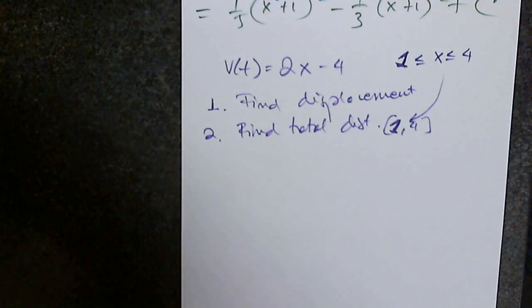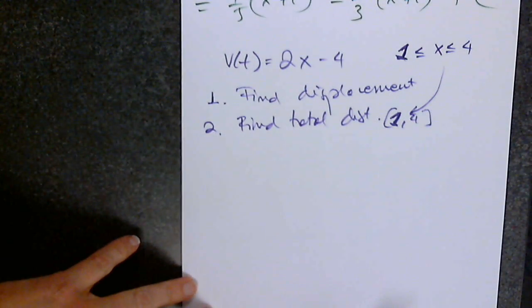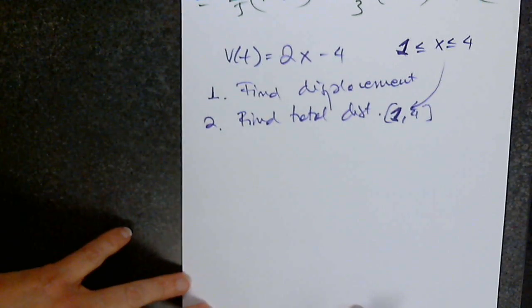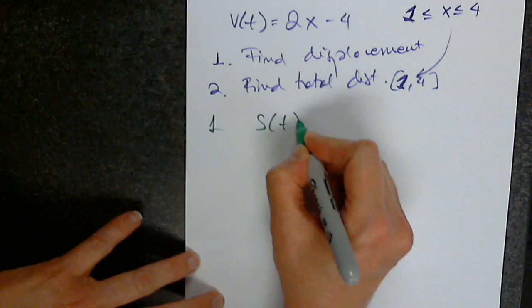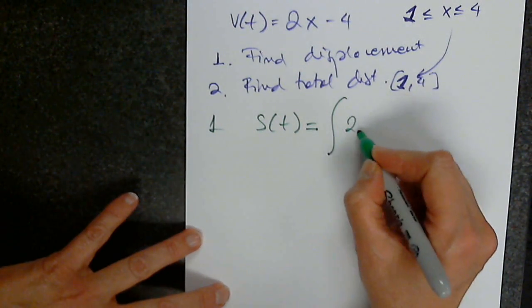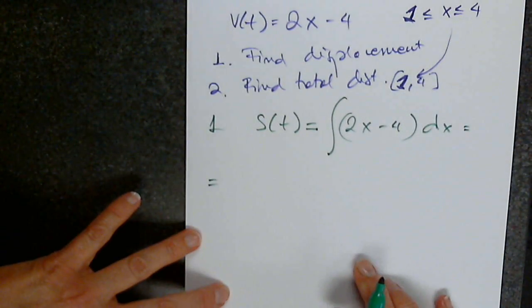Can anyone give us the hint for number 1? What do I have to determine? Right. So for number 1, I have to find s of t, which is the integral of 2x minus 4 dx. It's a function.